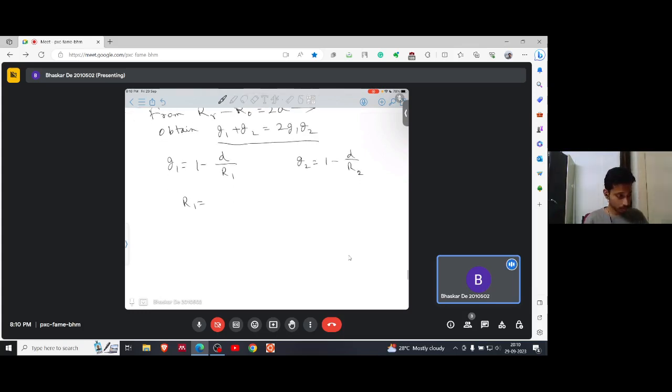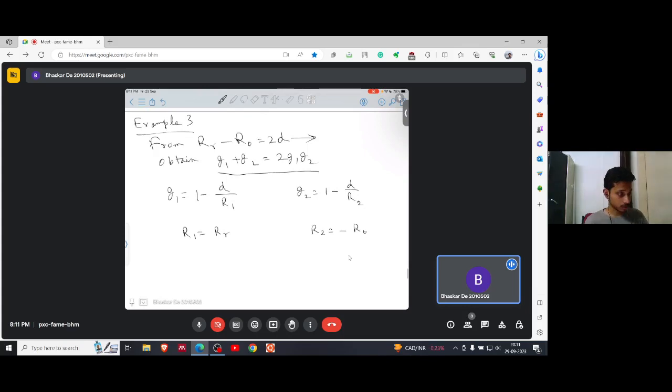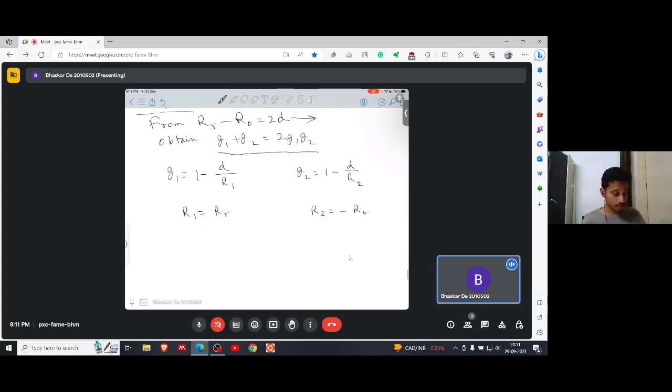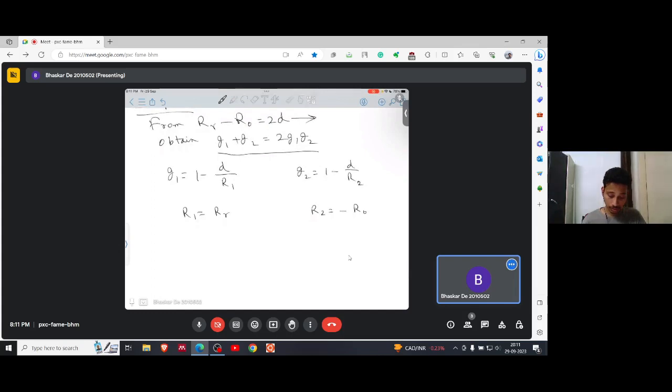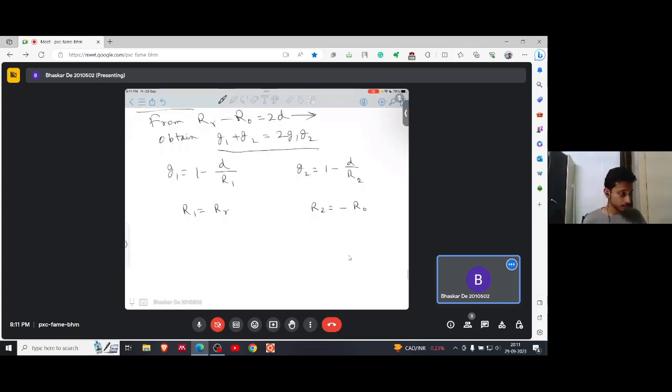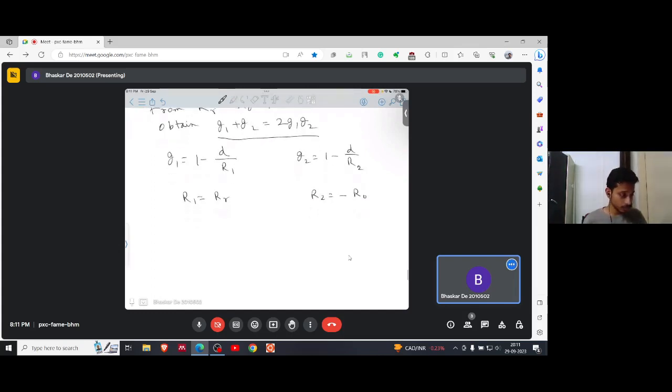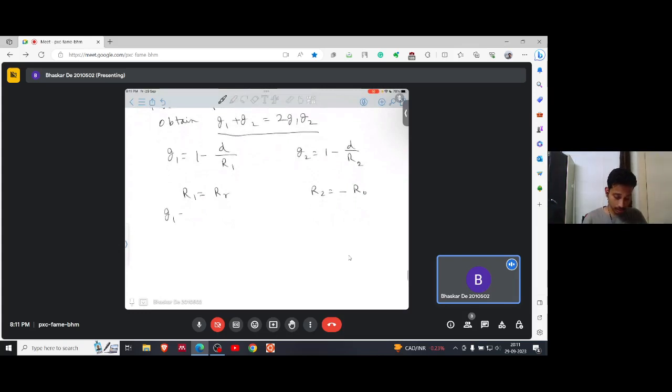So now r1 equal to r0 and r2 equal to minus r0, because the output mirror has a negative curvature, so we can put minus r0. Now that will make g1 equal to 1 minus d by r and g2 equal to 1 plus d by r0.